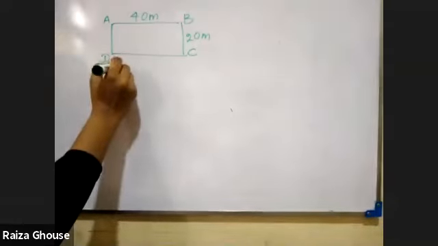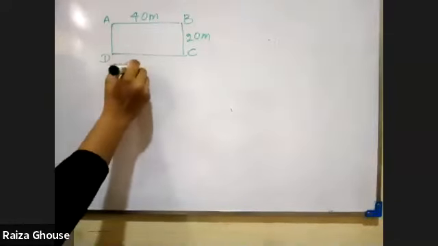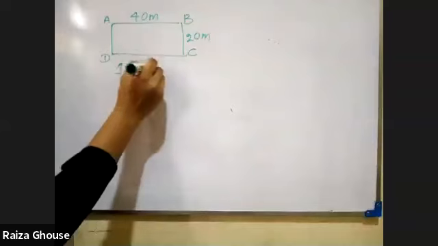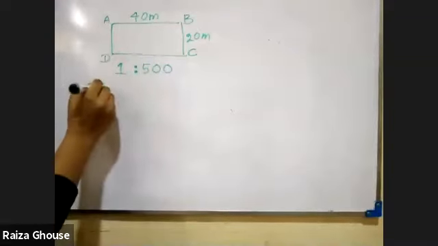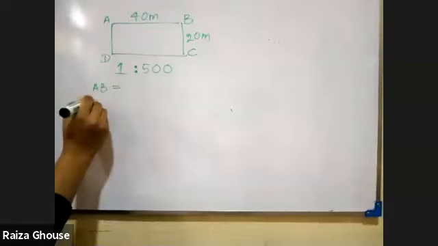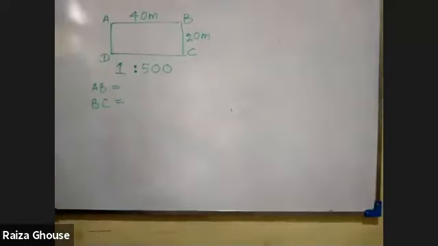I'm going to give the scale for you also. Using the scale, find AB in centimeters, BC in centimeters, and draw your diagram.